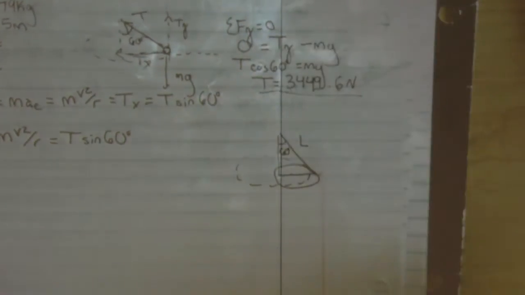This is your swing. You're going in a circle around this portion of it. So the radius of the circle is this part, L sine of 60.